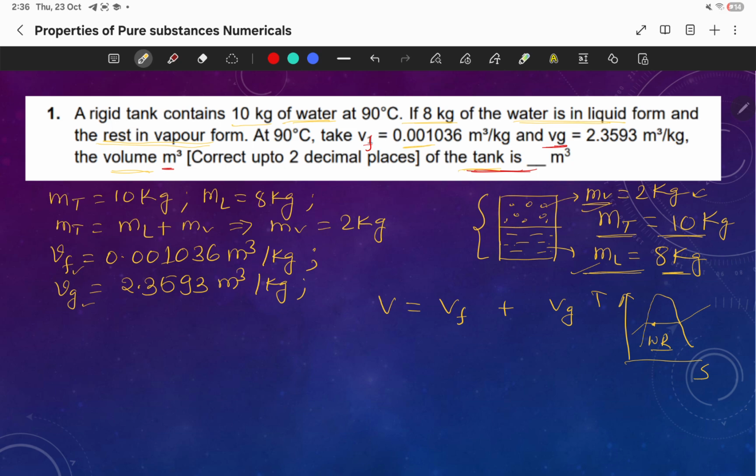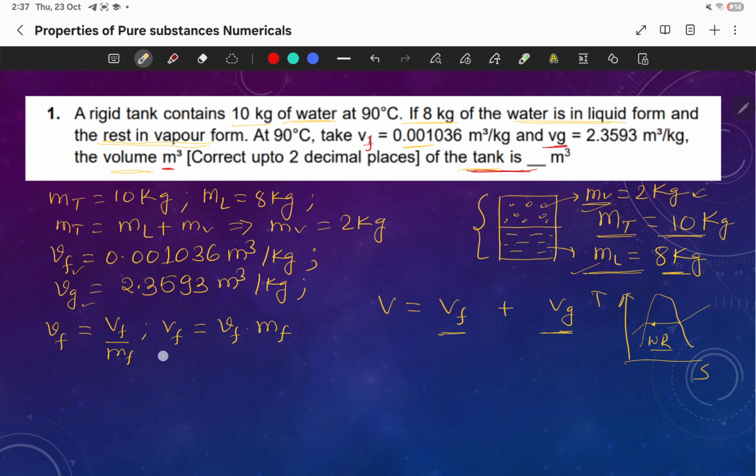So total volume will be Vf plus Vg. Now tell me how we define this Vf. Vf is specific volume, defined as volume upon mass mf, so we can write volume of liquid as Vf into mf.